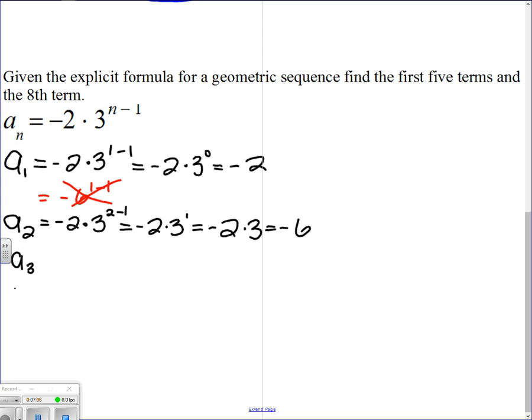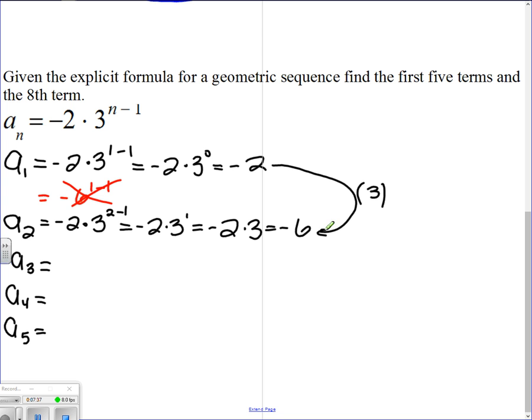Now, they're asking for the first 5 terms. If you do it the way I did the first two, it's long, hard work. The faster and easier way to do it is to look for a pattern. For example, negative 2 multiplied by what gave you negative 6? The number is 3.